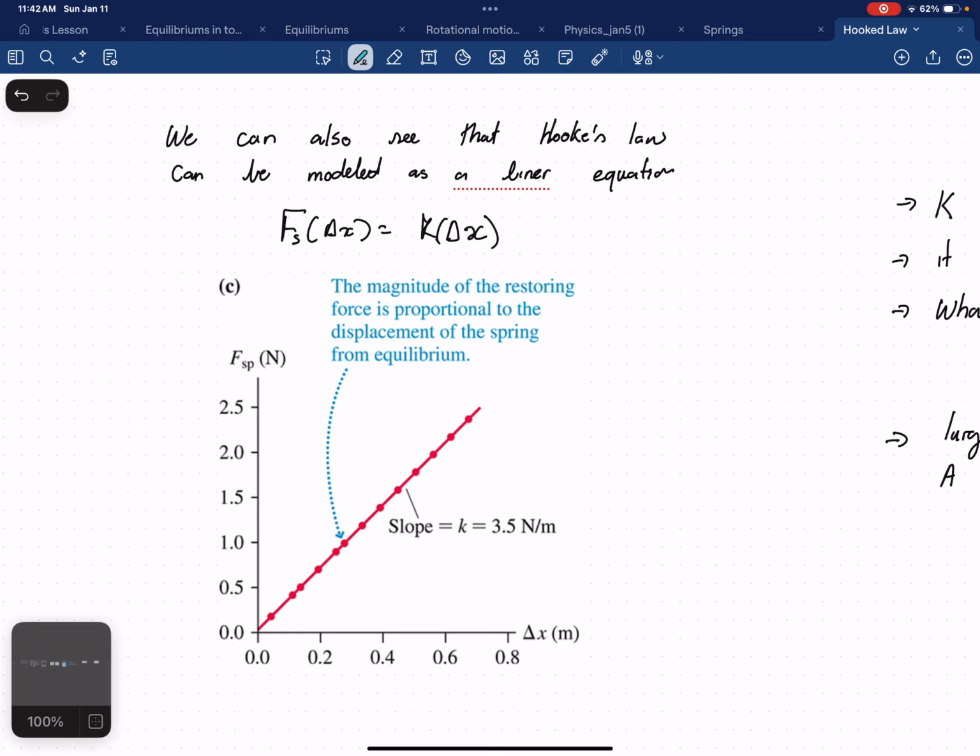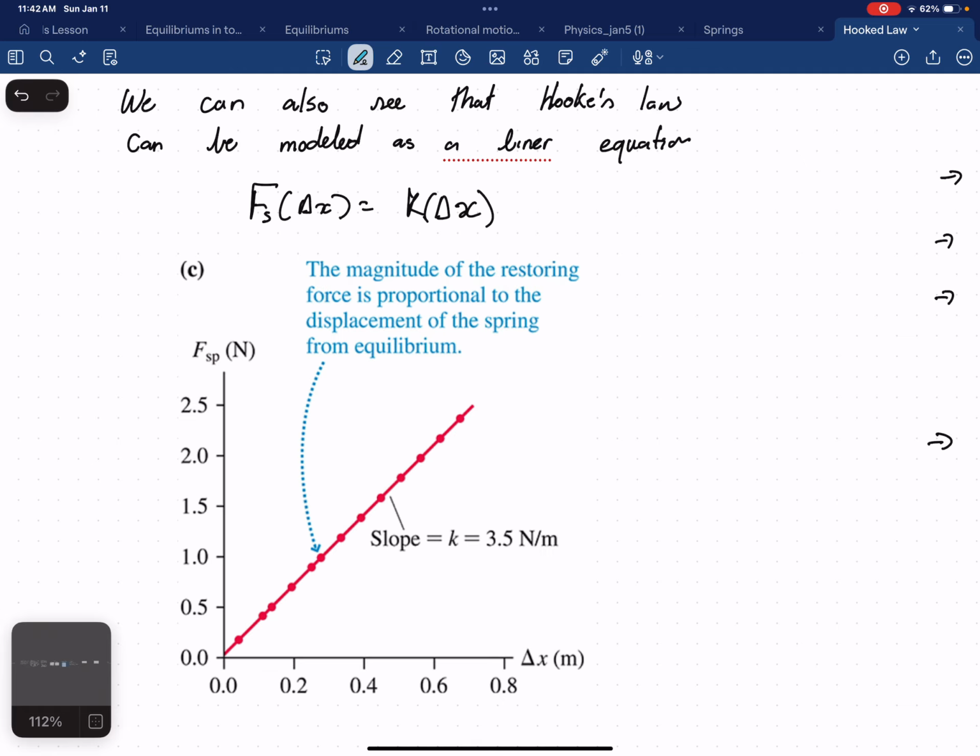So this direct proportionality relationship can be seen in a line. We can see that the spring force is a function of x, and it just has a linear relationship with the slope as k.